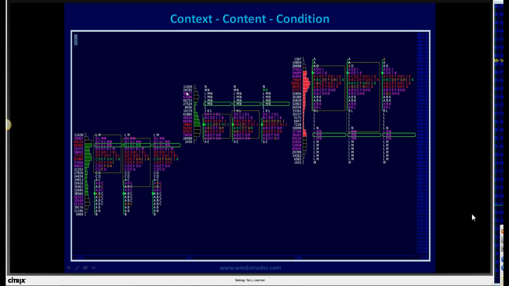So I have 3 different views, which allow me to make a more informed decision. I also have a volume profile right here, and I have the cumulative volume at price right here. These are just some of the things that we believe are important to the trader to be able to determine what fits their methodology, their style, etc.